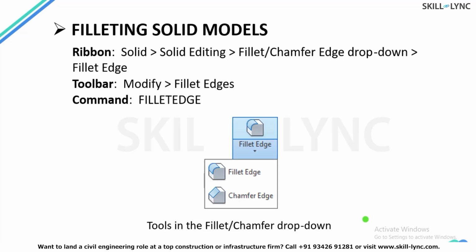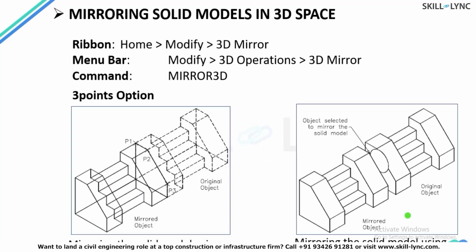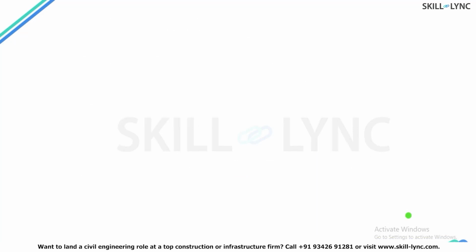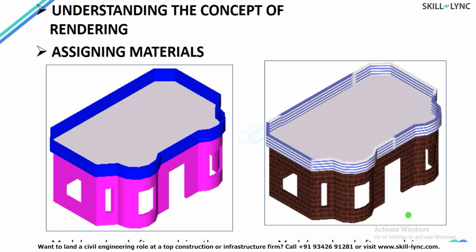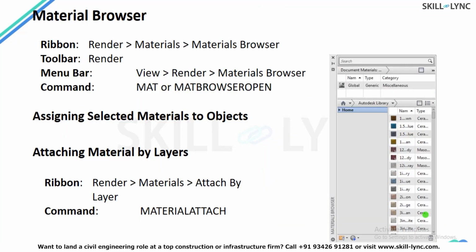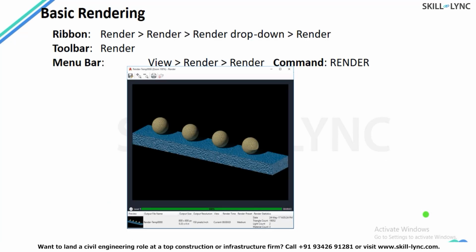And then we will be doing filleting the solid model, chamfering the solid model, and then mirroring the solid model, arraying it, aligning the solid model, slicing the solid model, then understanding the concept of rendering, how we can assign materials to 3D objects, and then we'll be talking about the basic rendering techniques.